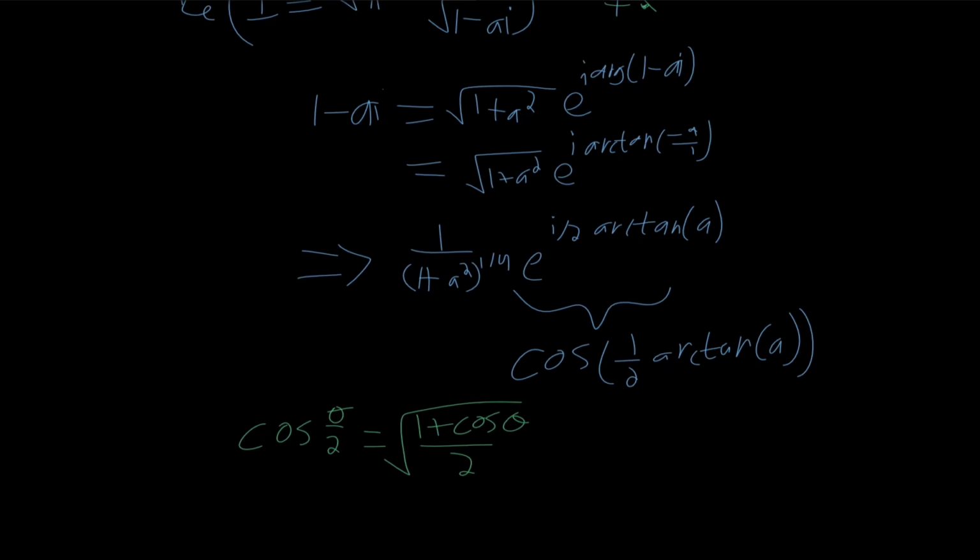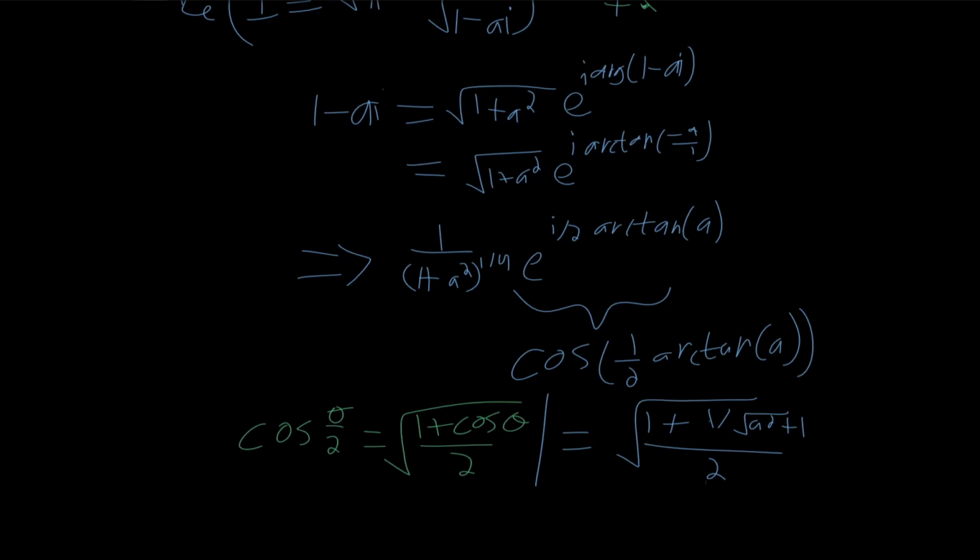cosine of 1/2 arctan, using this right here, is going to be equal to the square root of 1 plus cosine of arctangent, which we know is just 1 over the square root of a squared plus 1, and then all over 2.